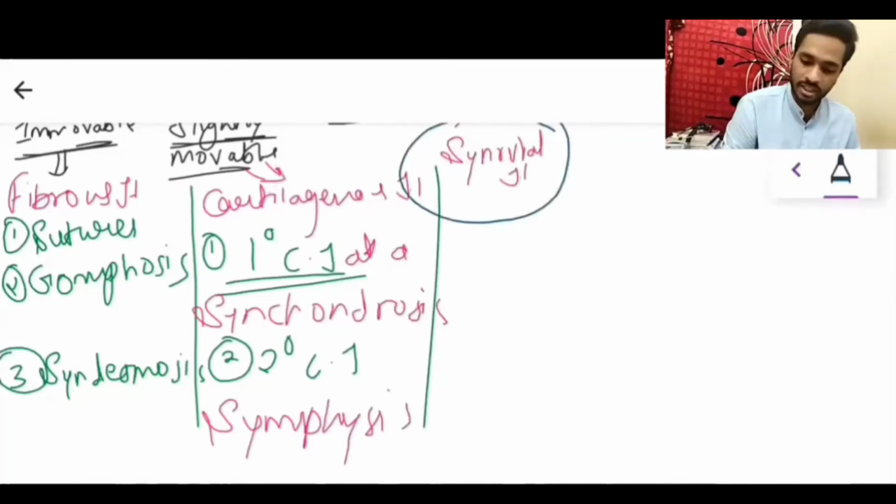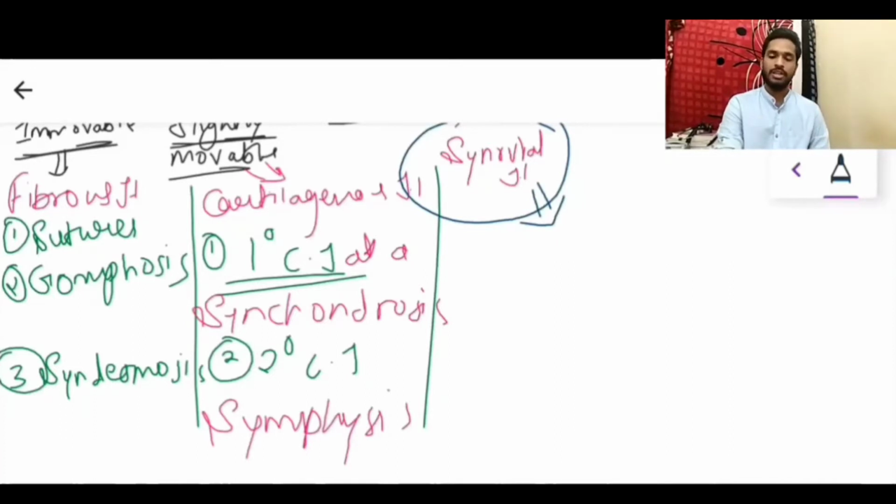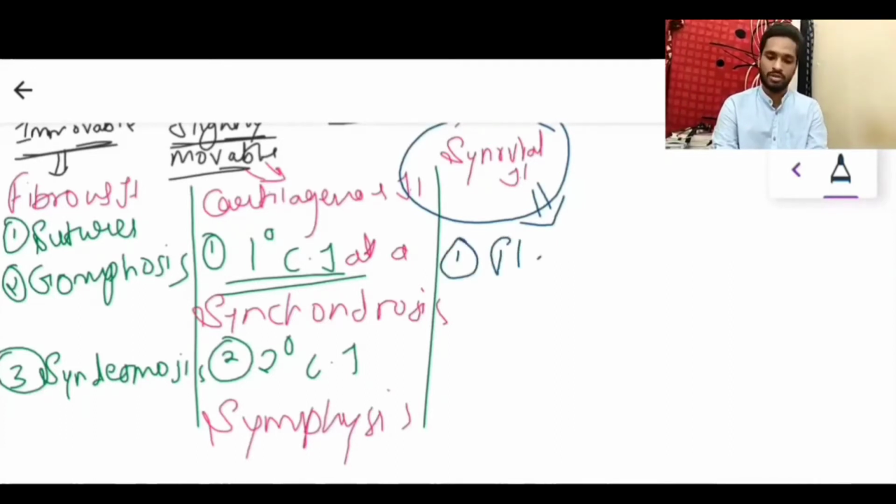Then third we have the synovial joint, which is completely movable. All the joints which we know, whichever joint came to your mind when we started discussing types of joints, are included in the synovial joint. Most of them, if they are not in this list yet.